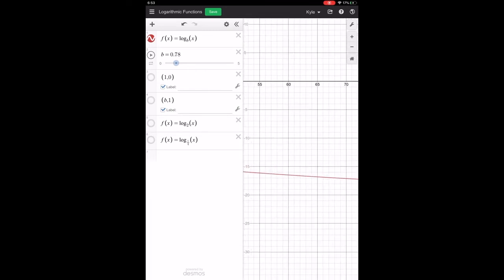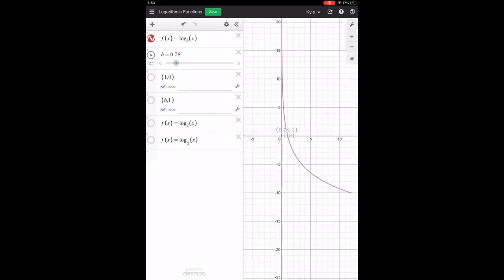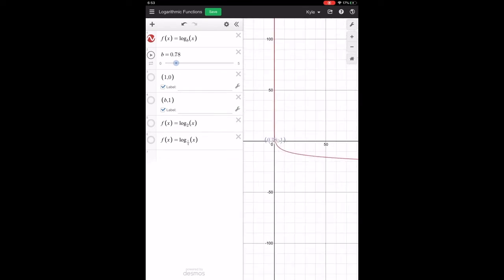Notice that we keep decreasing in the graph. A lot of times people think with logarithms that the graphs are going to taper off and run perfectly horizontal. That's not the case. That doesn't happen. What you have here is a graph that slowly keeps decreasing, or a graph that slowly keeps increasing.